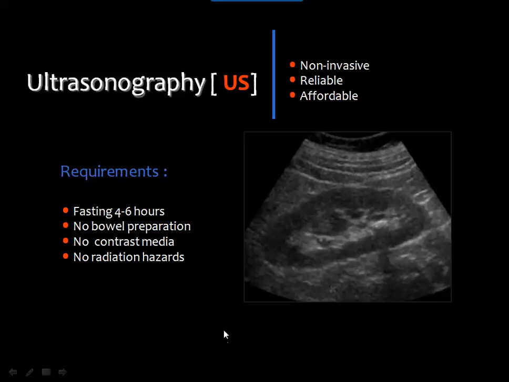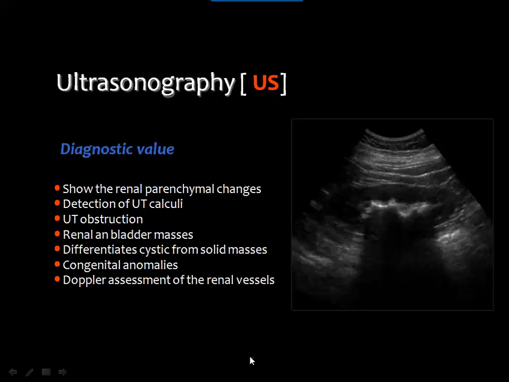And you do not use contrast material similar to the CT or IVU, and there are no radiation hazards, as you all know. This is the normal appearance of the kidney with the renal parenchyma and the renal sinus fat, as you can see. Then the values of ultrasound are too many.